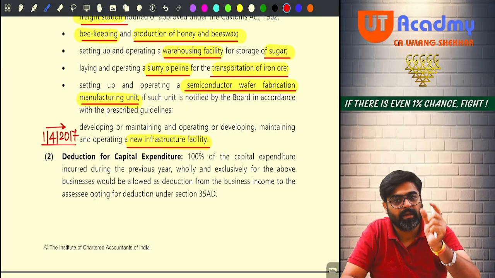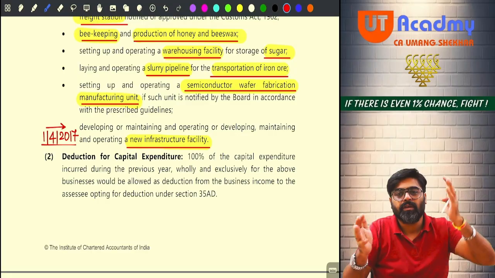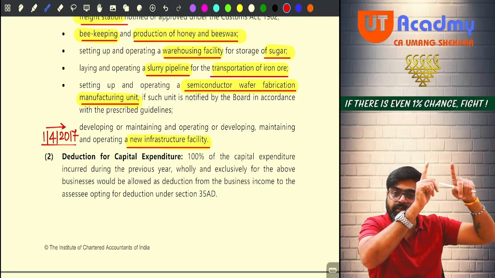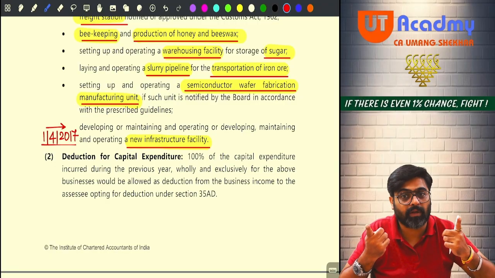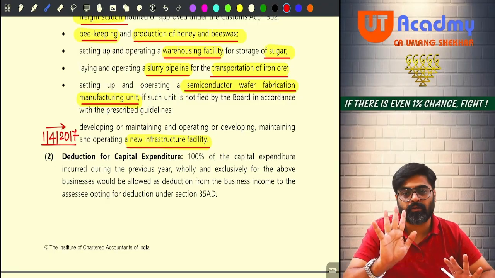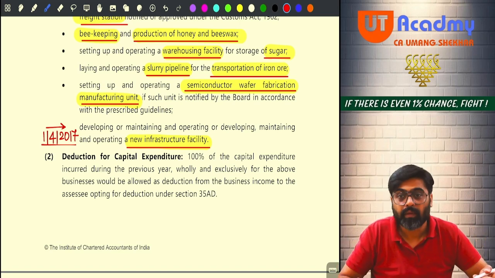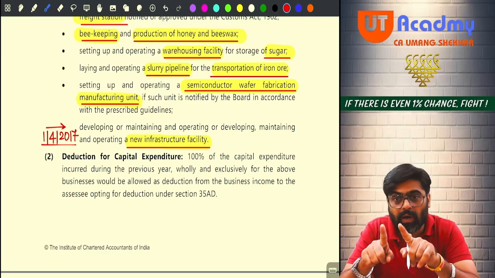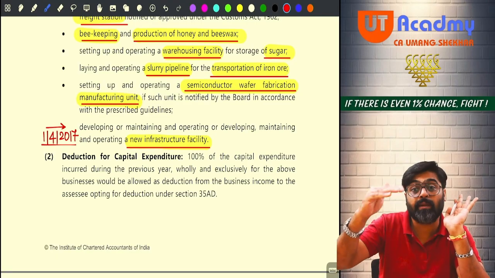Now, the dates they are mentioning: they write the name of the business, and besides that they write these dates. Please listen to me very carefully. If you are an assessee, you can be any person. If you are doing any of these businesses, these are the 15 businesses whose names are specified.